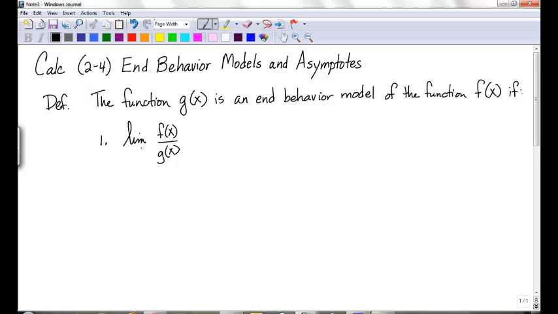Now this time, instead of approaching 0, x is going to approach positive or negative infinity. The limit of f of x divided by g of x as x gets really large, x going out to infinity both ways.